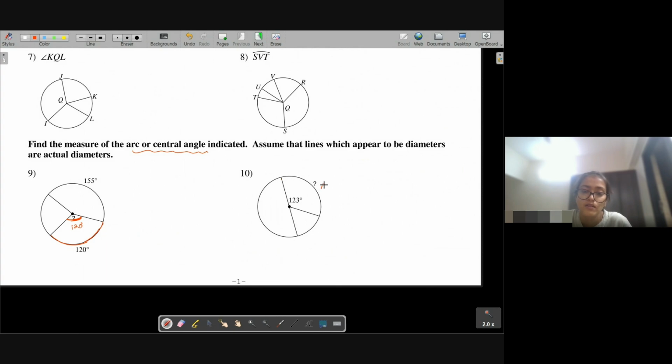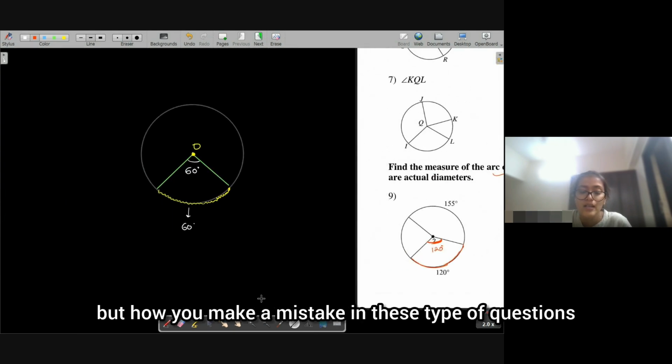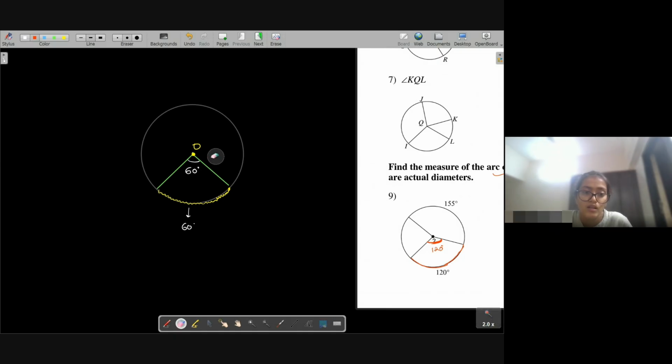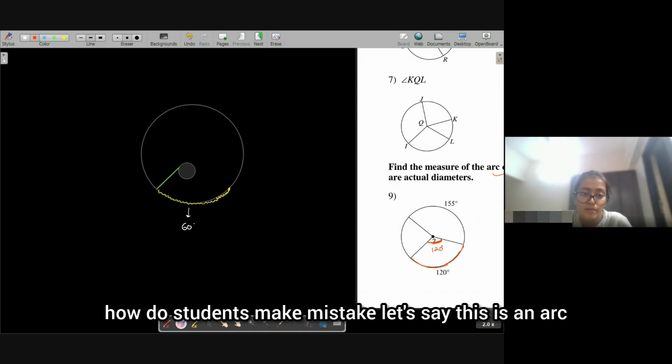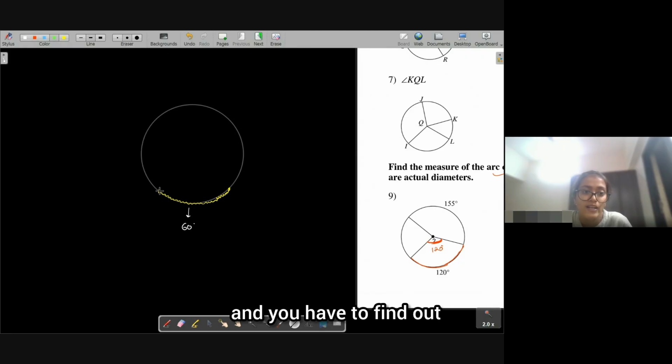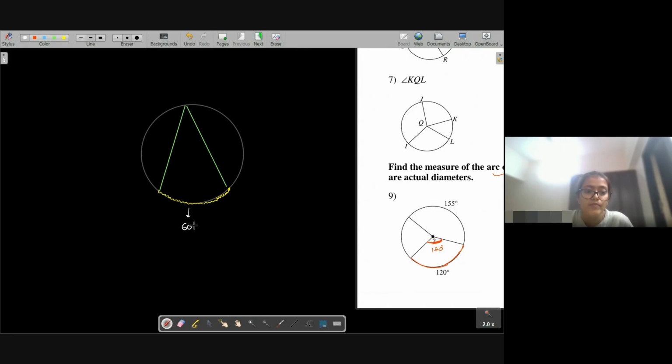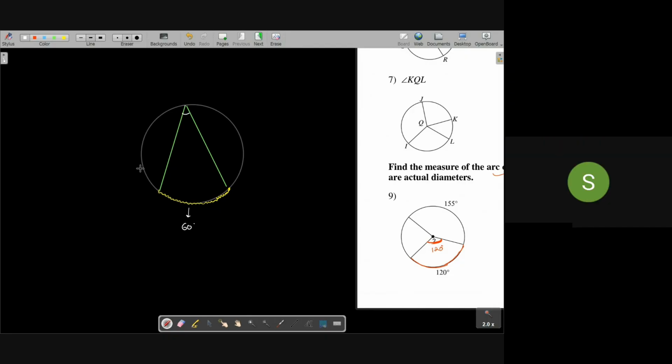Yes. Now, this looks easy, but how do students make mistakes in these types of questions? Let's say this is an arc and you have to find out this angle. Can you tell me how much will be this angle? I want to say 60, but it might be a trick because it's not the center.